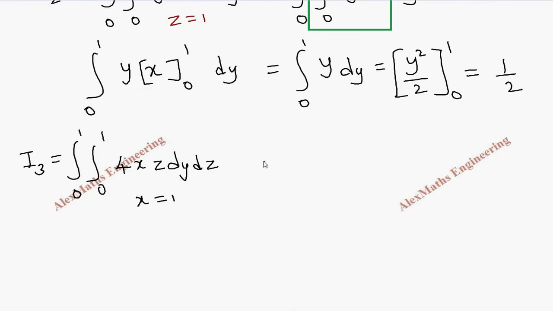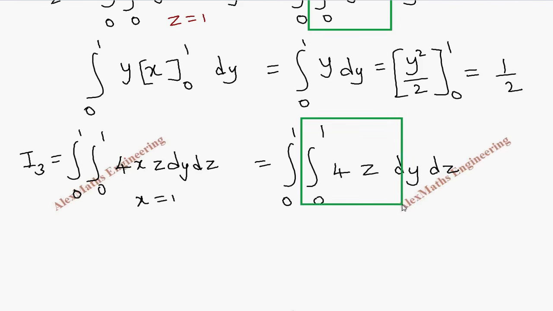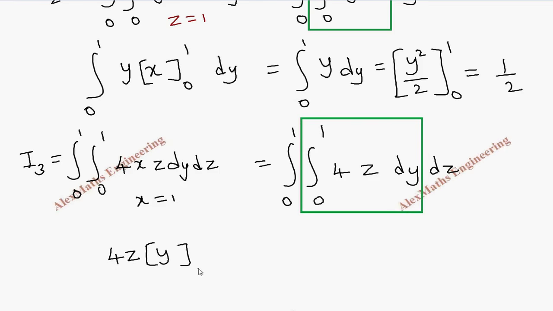When I put 1 here, this will become double integral 0 to 1, 0 to 1, 4z dy dz, and first we are going to integrate this with respect to y. So z is a constant. So 4z will stay as it is and this is y, and the y limit is from 0 to 1, and the remaining we have integral 0 to 1 and dz.